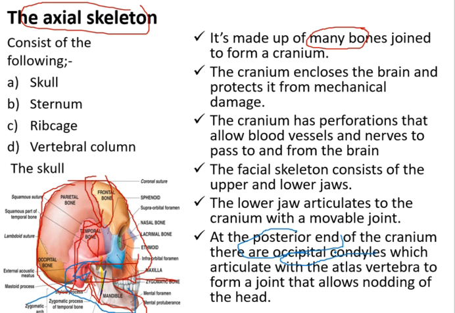These occipital condyles on the cranium are two projections which are able to articulate with the first cervical vertebra we call the atlas. That allows formation of a pivot joint, which allows nodding of the head, or upward and downward movement of the head.